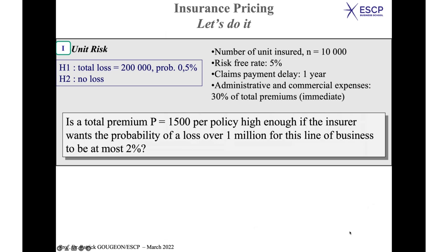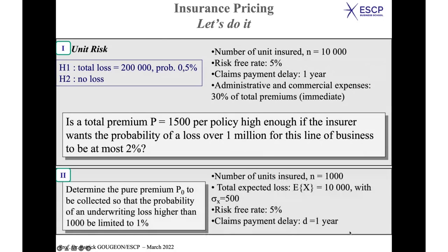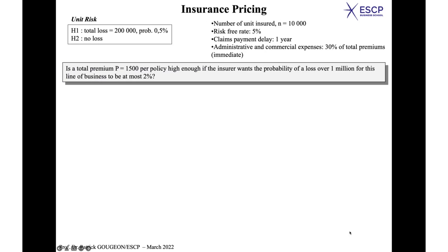If you don't want to lose more than 1 million, and the probability of losing more than 1 million should not exceed 2%, let's assume this is our objective. And we are going to have another exercise, which I will comment on after. So let's look at this first case.